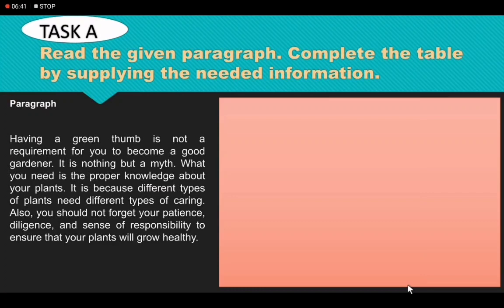Now we have a task given to us here. Read the given paragraph, complete the table by supplying the needed information. At this point, I will pause this video to give you the time to read this paragraph.